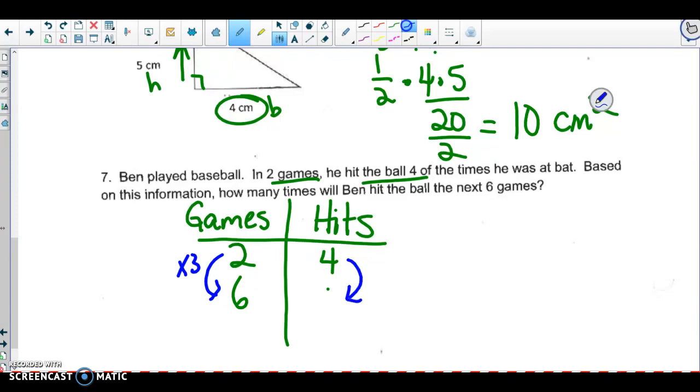So 4 times 3 gives me 12. That is one way. Another way that we could look at it is, what if we went across here? How could I get from 2 to 4? Well, I could multiply by 2. So what would I do here? I would multiply by 2, and 6 times 2 does give me 12. So either way that you do that, you end up with 12 hits.